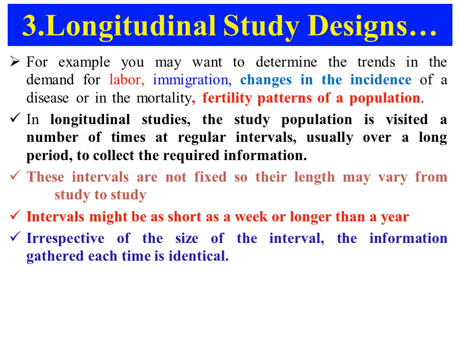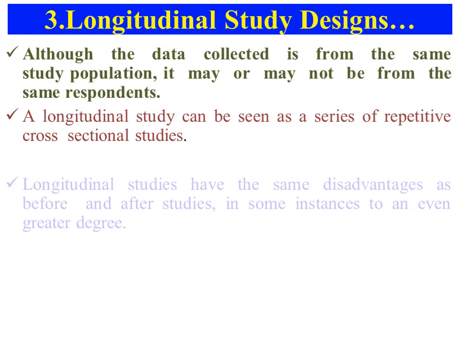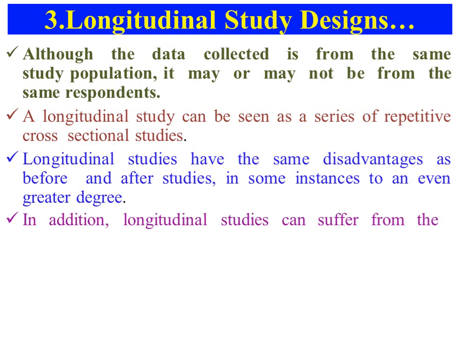Irrespective of the size of the intervals, the information gathered each time is identical. Although the data collected is from the same study population, it may or may not be from the same respondents. A longitudinal study can be seen as a series of repetitive cross-sectional studies.